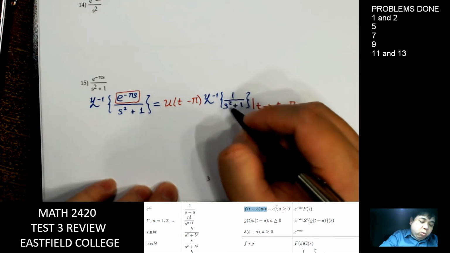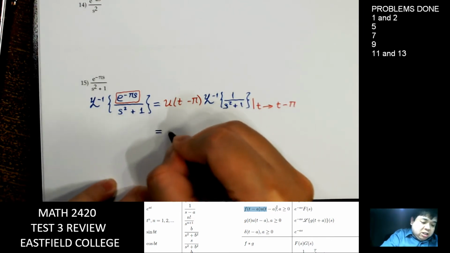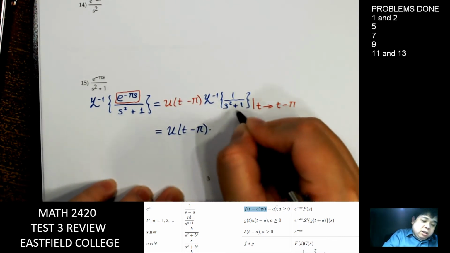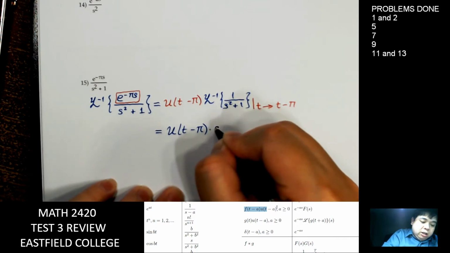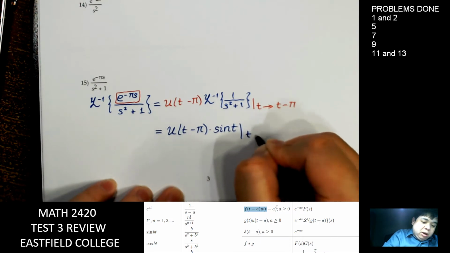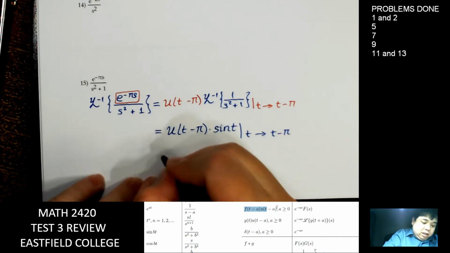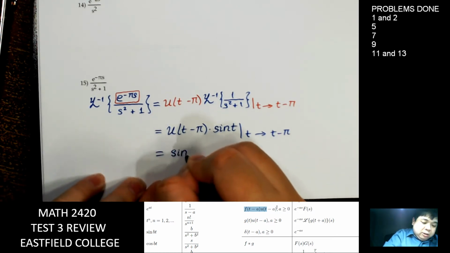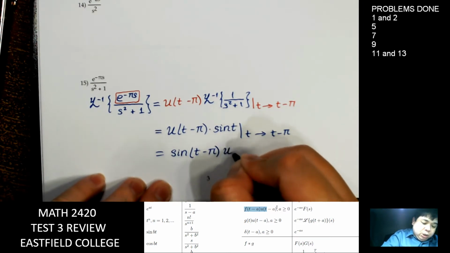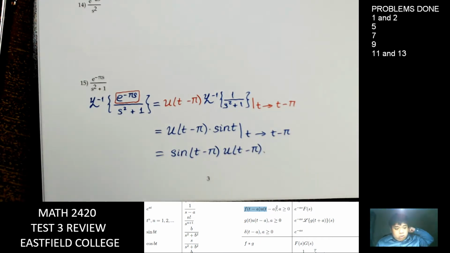The inverse transform of 1 over s squared plus 1 is sine of t, but now t becomes t minus pi. So put t minus pi in, and we usually write whatever the function is in front, and then the unit step function on the back. Right. So that's what we have.